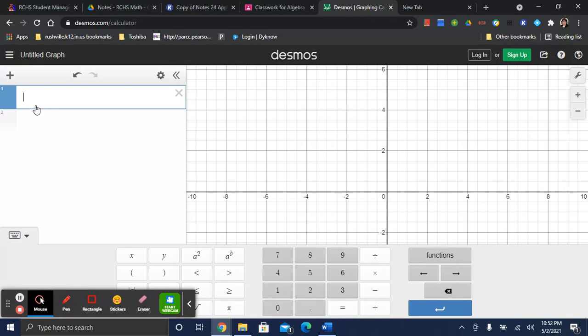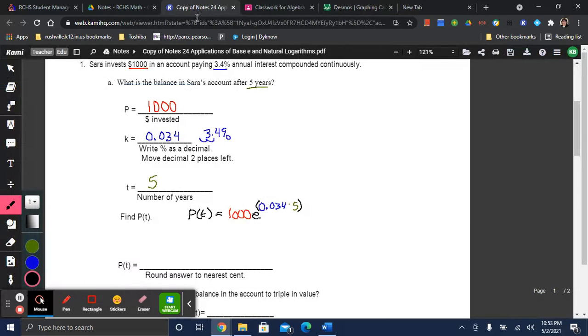So 1,000 e, and then your exponent, parentheses, 0.034 times 5 for 5 years. And you'll notice that then you get an amount that you could round to dollars and cents, 1185.30. The 4 would keep it at 30. So $1,185.30 when it says to round to the nearest cent.